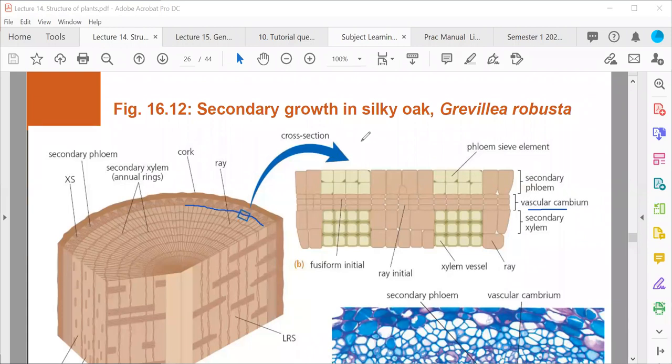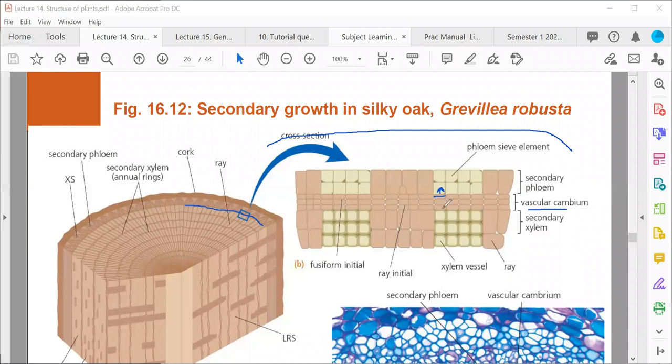All right, so imagine that here we have the outside of the stem up here, and let's take this cell here, the vascular cambium, as an example. This cell will divide in this direction. So this cell here will form a cell towards the outside of the stem, a secondary phloem cell, and this cell here, as a result of that cell division process, remains undifferentiated as part of the vascular cambium.